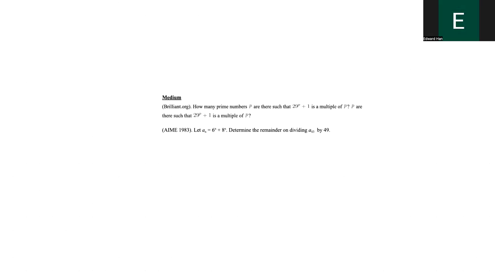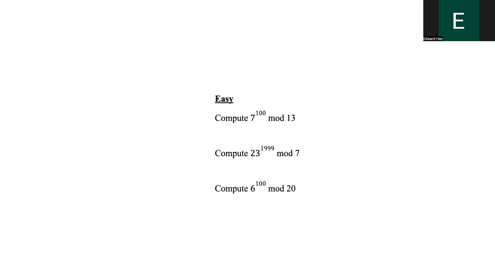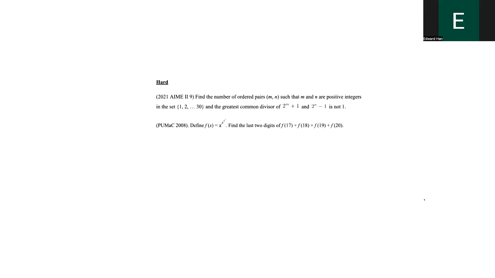This one is actually really hard, so it's okay if you don't do it. In general, the medium ones are like early AIME level easy. They shouldn't be too hard. The easy ones are really easy, just for basic mastering of the skills. If you do the hard ones, it's okay. At least try.